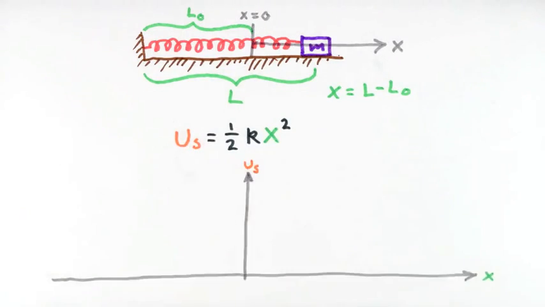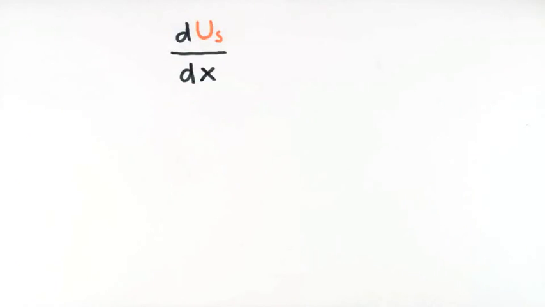And by now we know how to sketch this potential energy on a diagram of the potential energy plotted as a function of the spatial coordinate x. Now if we perform the following operation, take the derivative of the potential energy with respect to the spatial coordinate x, that is, compute the derivative dU sub s dx, and multiply the result by the unit vector corresponding to that same spatial coordinate, here the unit vector i hat, then we have performed a mathematical operation called a gradient.